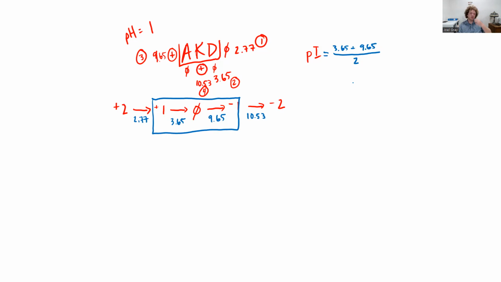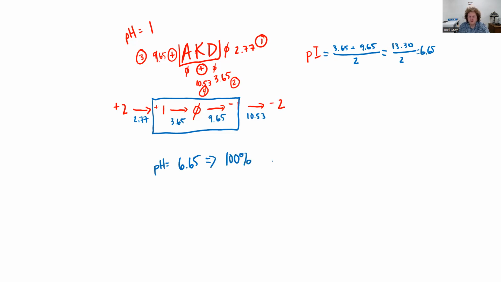Now, I'm going to add those two up and divide by 2. This gives me the exact midpoint between those two pKa values. 9.65 plus 3.65 is approximately 13.30. Divide that by 2, and you end up with 6.65. So my pH equals 6.65.